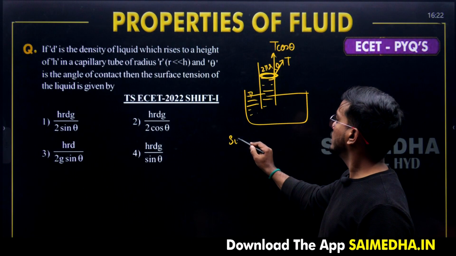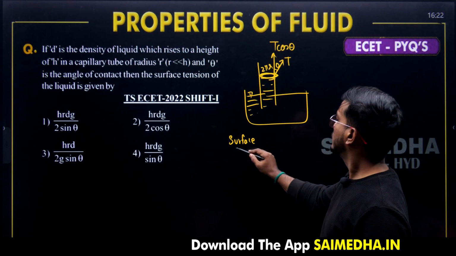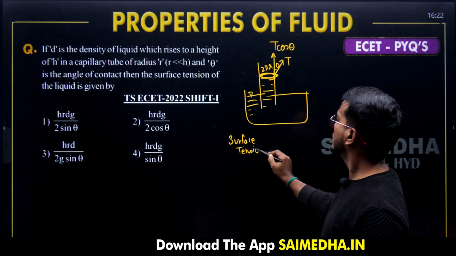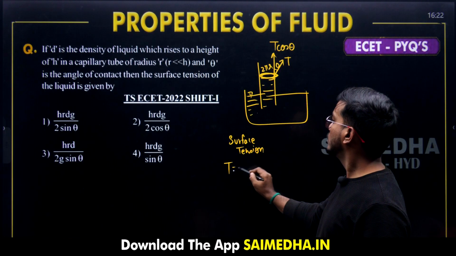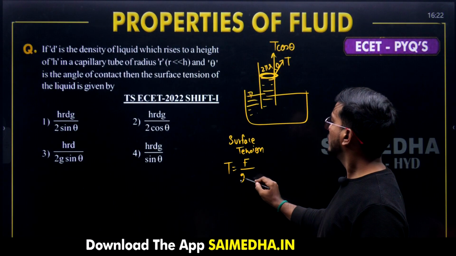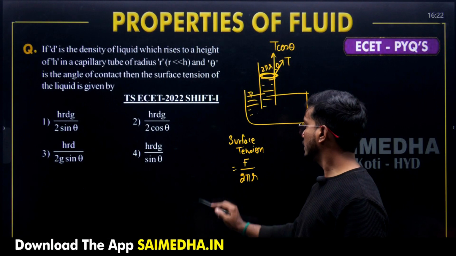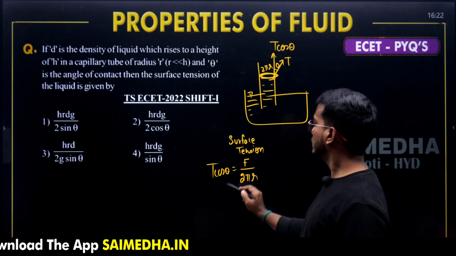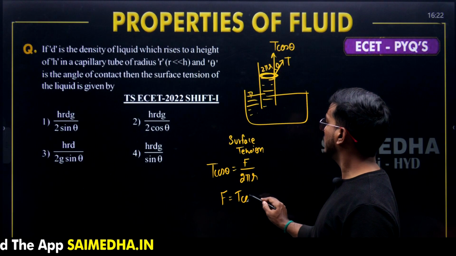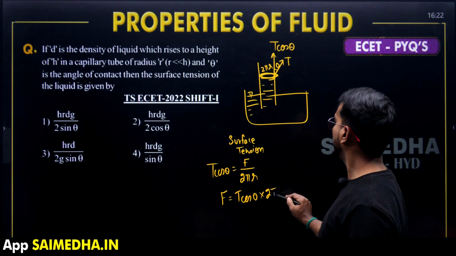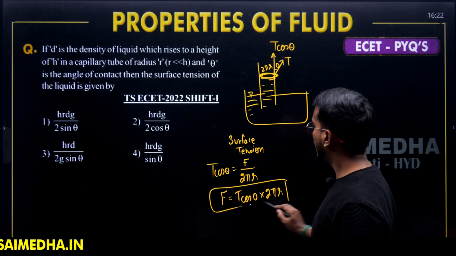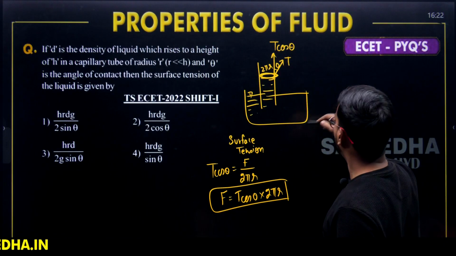So surface tension T is equal to force divided by 2 pi r, where this T is actually not T, it is T cos theta. So what is the force going to become? Force is equal to T cos theta into 2 pi r. This is the upward force.